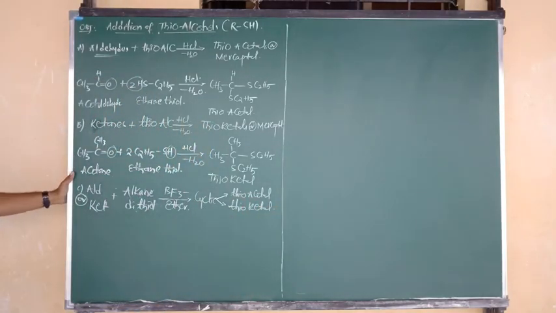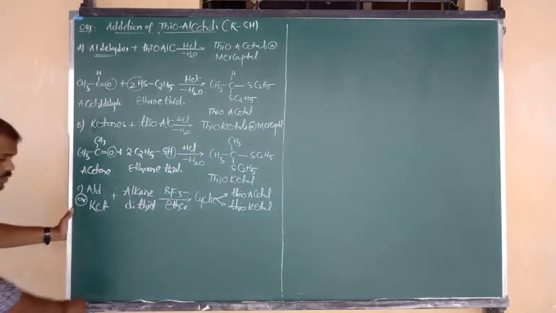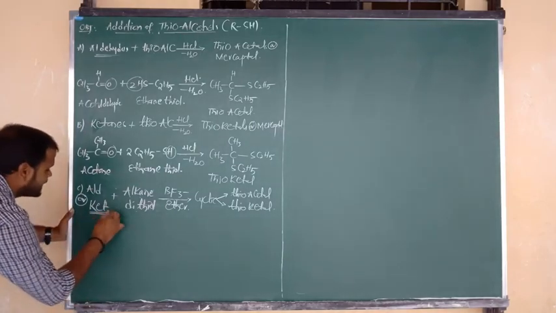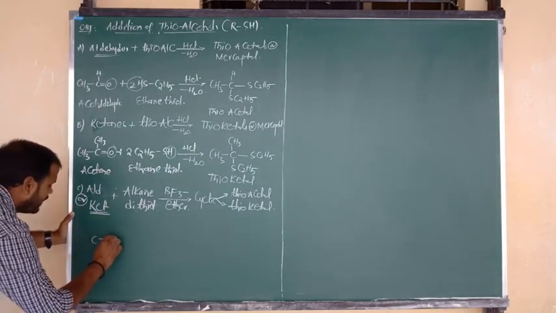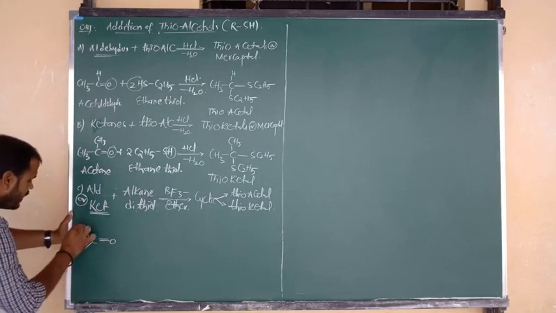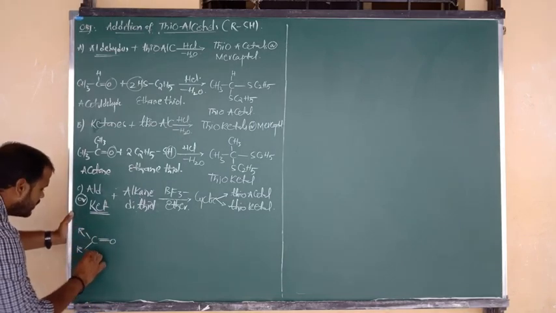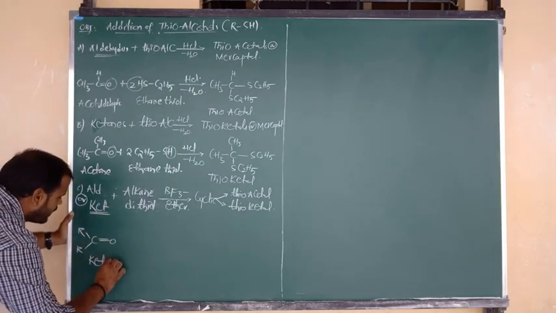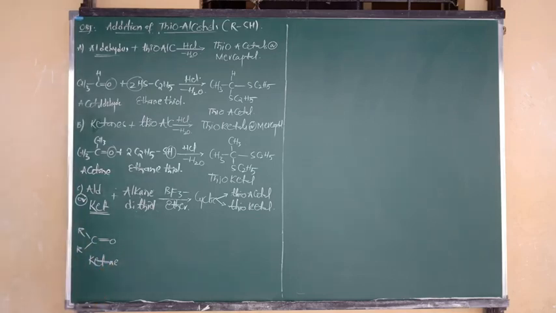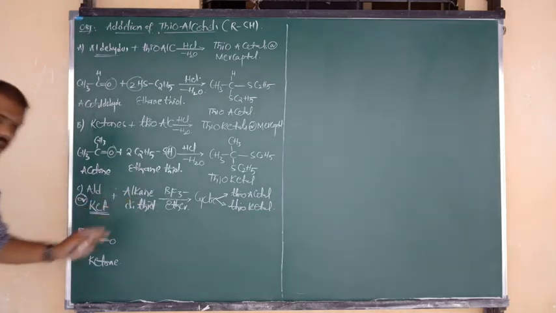For this statement I am going to show the reaction. Let me consider one example for ketone. Again the same thing, C double bond O, it contains 2 R groups. The compound name is ketone. Upon addition with alkane dithiol, in that place you can take aldehyde also if you wish.